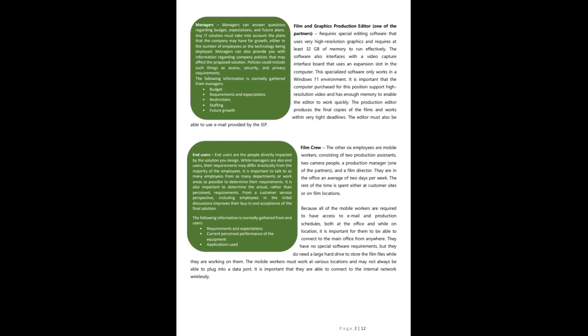They come to the office only 2 days a week. The rest, they are on site. They need to have access to email, production schedules, and so on. They have no special software requirements, but they need a large hard drive to store the film.